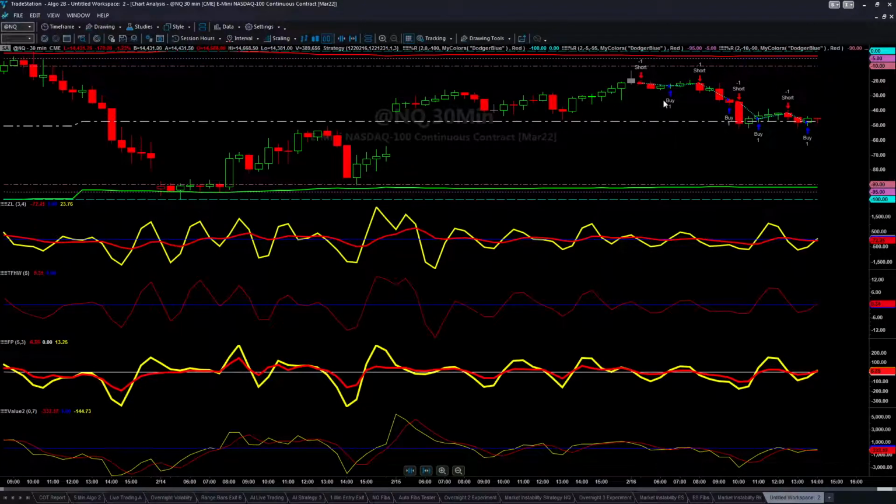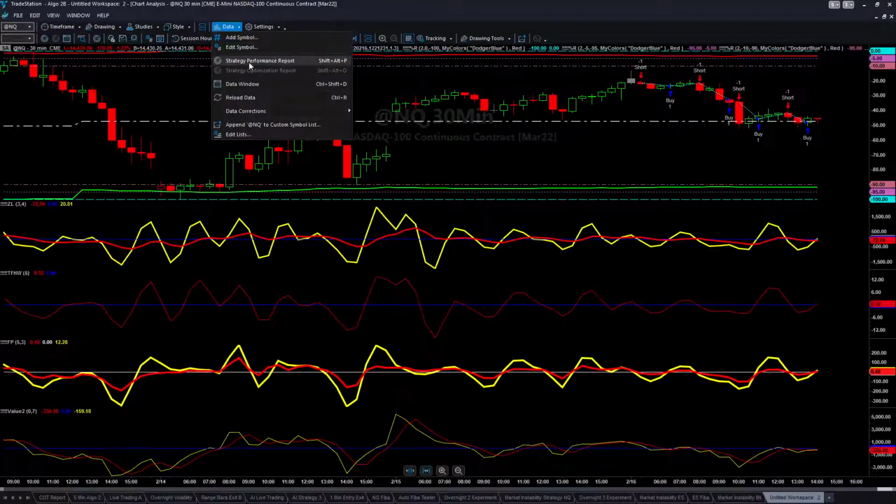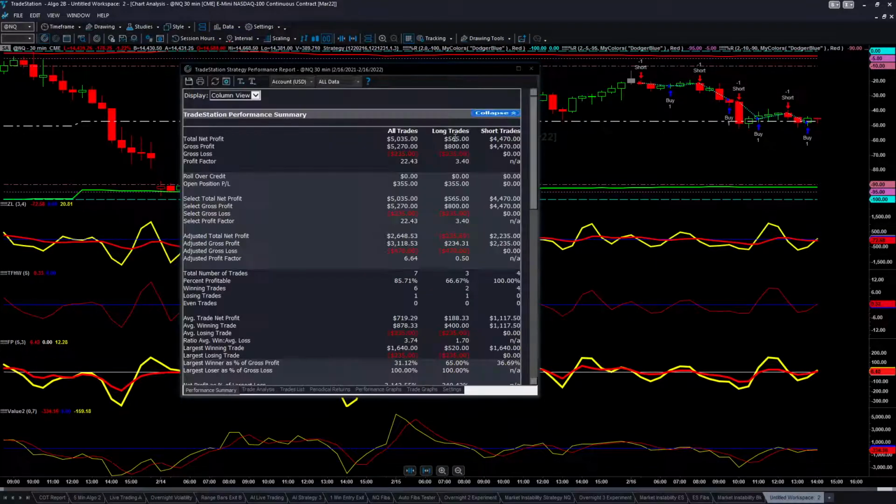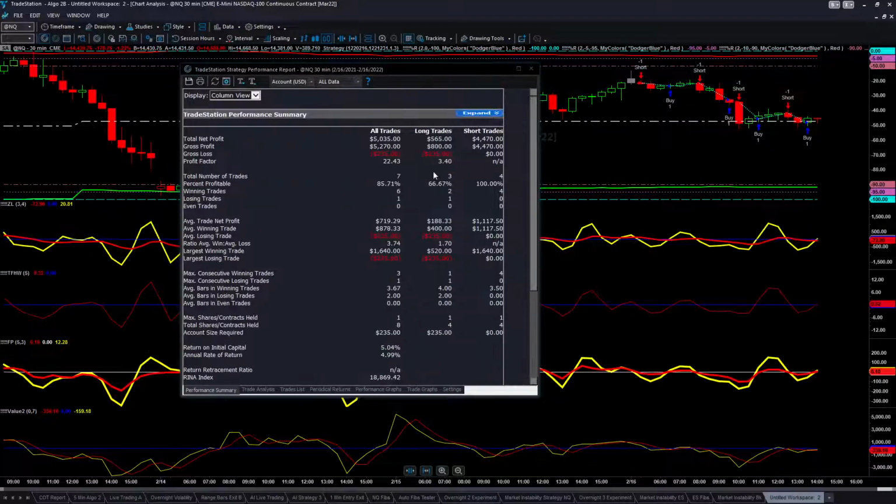It's really, really good. And so far today, this strategy alone on the 30-minute has been 85% accurate, 100% accurate on every short trade it's taken, and 66% accurate on the long trades.